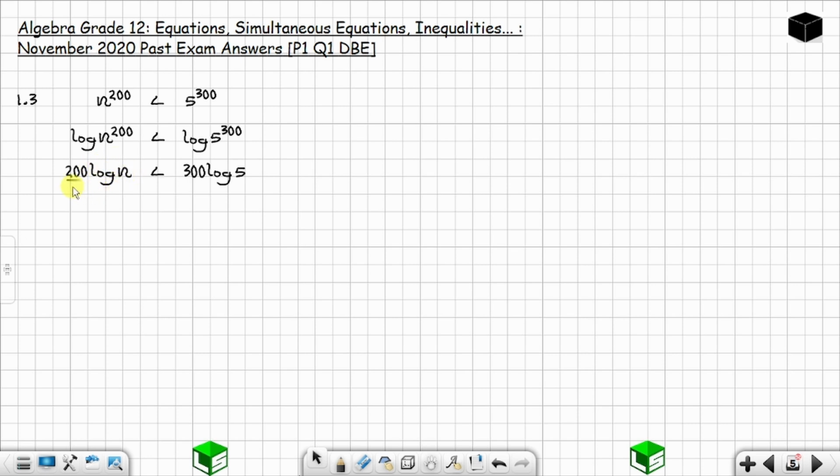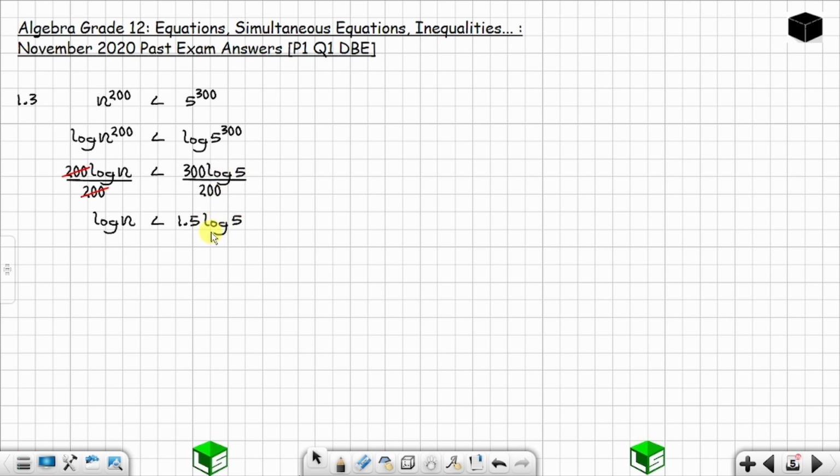The 200 and 200 cancel, and you remain with log of n less than 300 divided by 200, which is 1.5, so 1.5 log of 5.